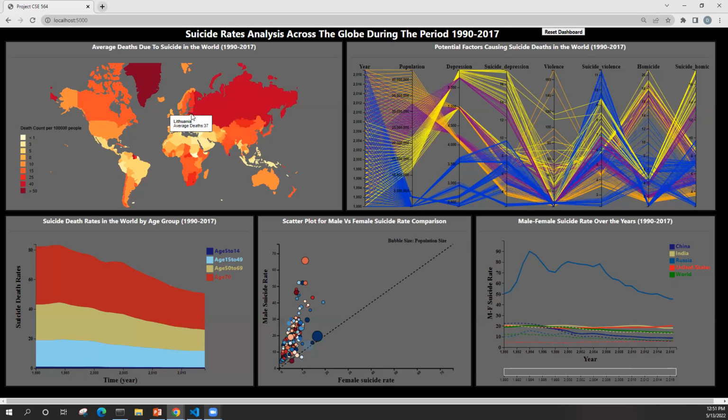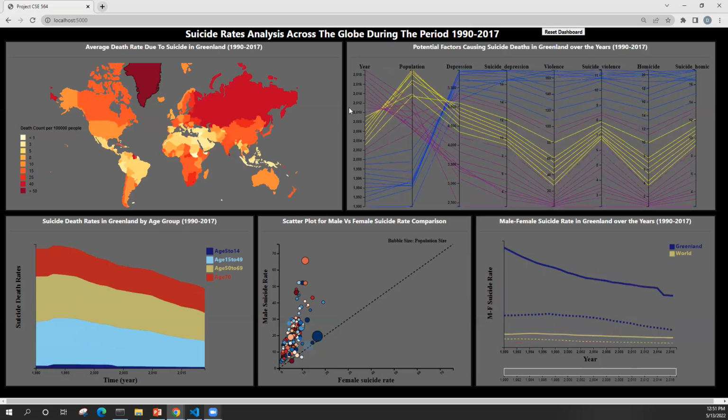Greenland is also called the suicide capital of the world. The main reasons for suicide here are depression, violence, and homicide. If we click on Greenland, the data gets updated with respect to Greenland.